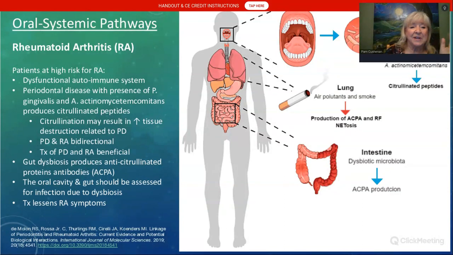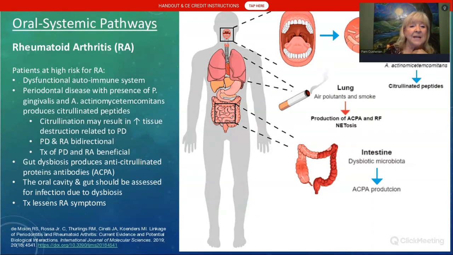They also have, again, these periodontal pathogens present, such as PG and AA that we talked about. It creates these certain things called citrullinated peptides that can increase tissue destruction related to perio disease. And again, just like with chronic kidney disease, these two issues are interrelated. They are bidirectional.